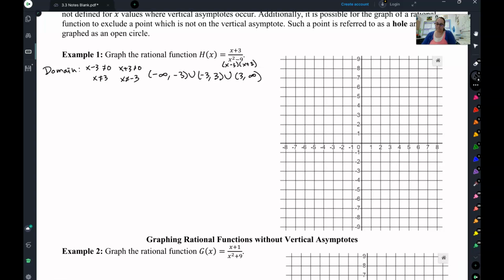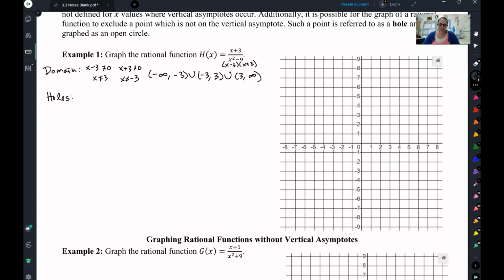There's our domain. Now, after domain, we've usually gone on to find the x-intercepts. But now we need to get used to finding the holes next. So to find the hole, we're going to factor our whole equation and see if anything cancels on top and bottom. This equation, we already factored it.